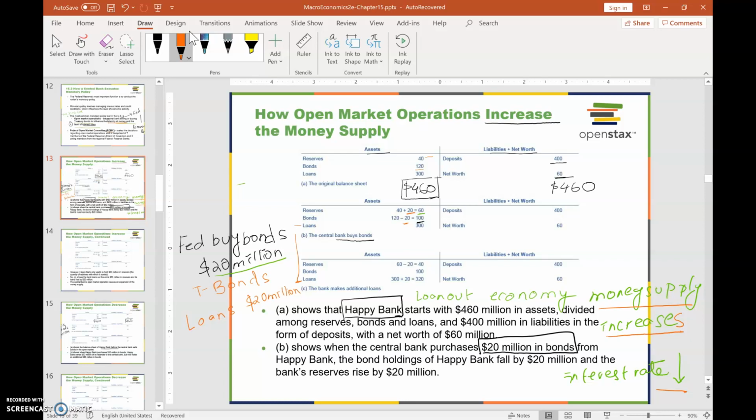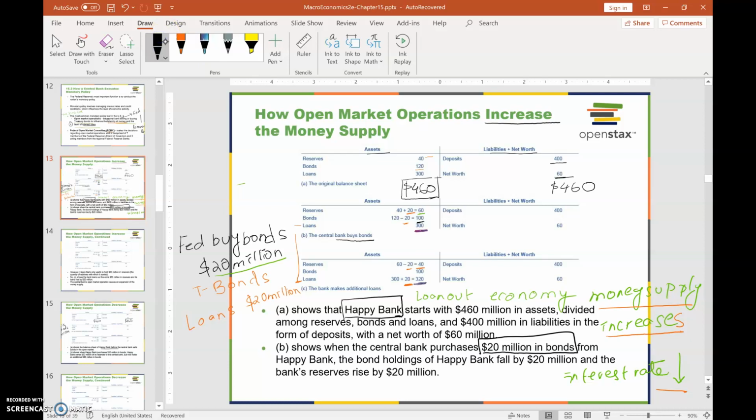Now, if you look at step C here, the commercial banks do not want $60 million in reserves. They want the original $40 million. So they will take $20 million out of reserves and add it to their loans so that the amount of loans increases from 300 to 320.